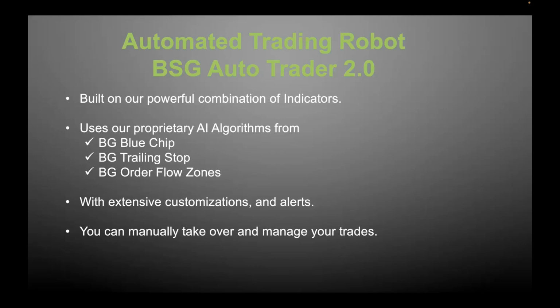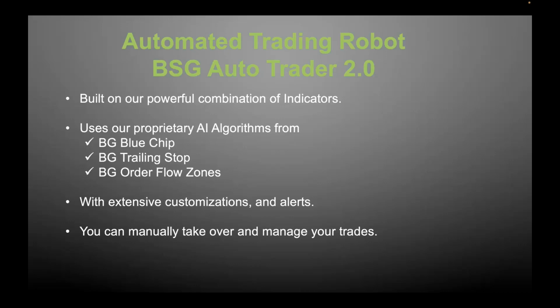Now, the great thing about this AutoTrader is it's based off of the blue chip, the trailing stop, and now order flow zones. We incorporated that into it as well. So it's fantastic. An AutoTrader is fantastic because it removes the element of human emotion. You trade the system rather than your emotions.